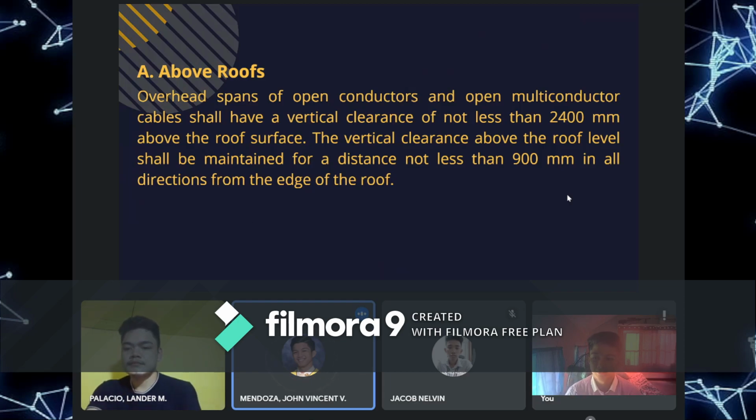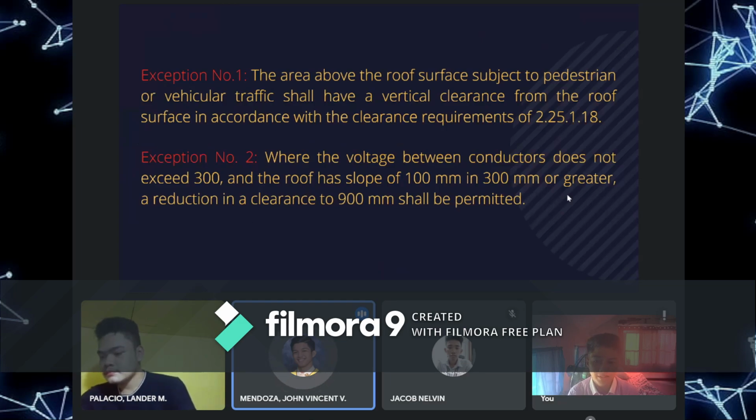Next. Doon naman tayo sa from non-building or non-bridge structures. Ay, sorry, may dalawang exception pa pala tayo dito. Yung exception number 1: the area above the roof surface subject to pedestrian or vehicular traffic shall have a vertical clearance from the roof surface in accordance with the clearance requirements of 2.25.1.18.